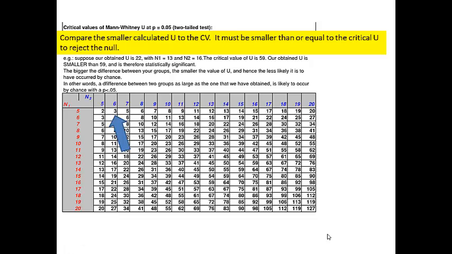Here is the distribution table for the Mann-Whitney U, where N1 and N2 correlate with degrees of freedom. With 5 in one group and 6 in the other, our critical value is 3, which happens to be the same. A rule on using this table: if it's the same or greater, we reject the null.